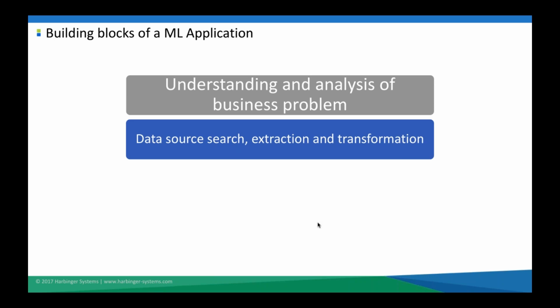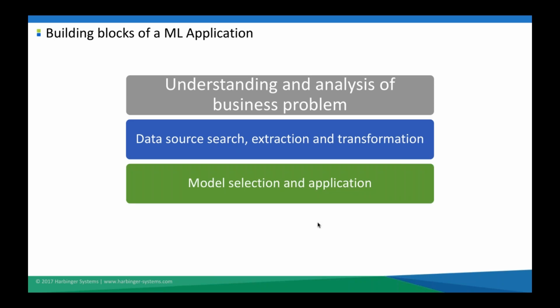Then comes the transformation, where you have the data, but it's not ready for the model, or not in a format that a machine can understand, so you have to transform it. Those are the very critical three stages in preparing the data. Conventionally, it is called cleaning the data, and that's where a lot of work needs to happen, and a lot of thought has to be put in as well.